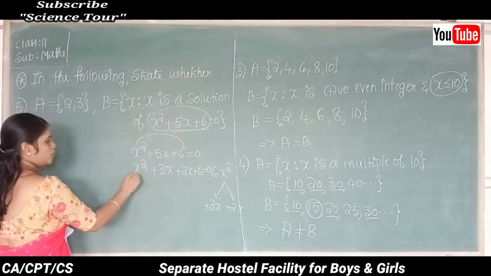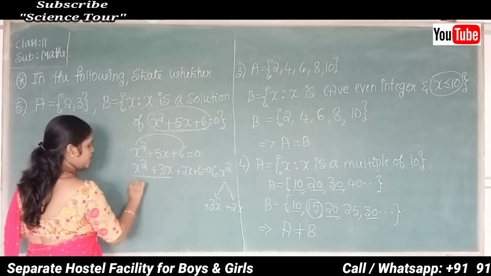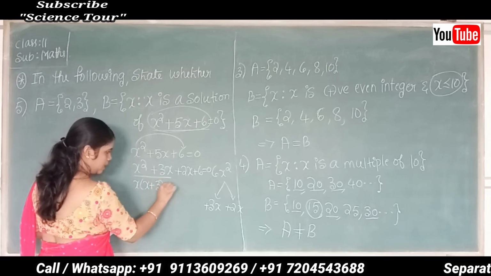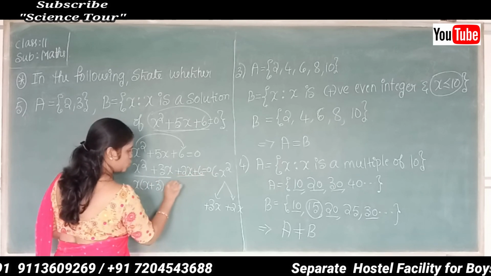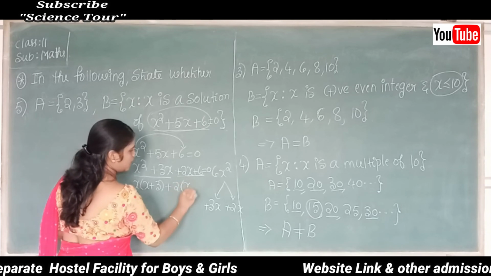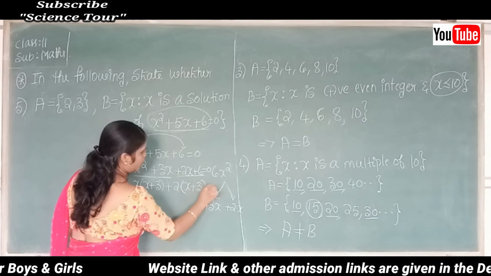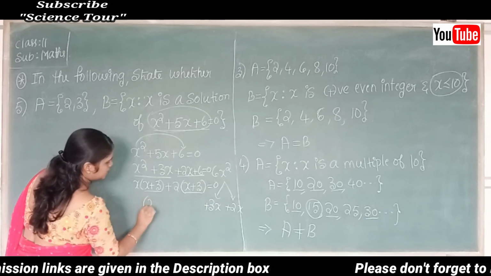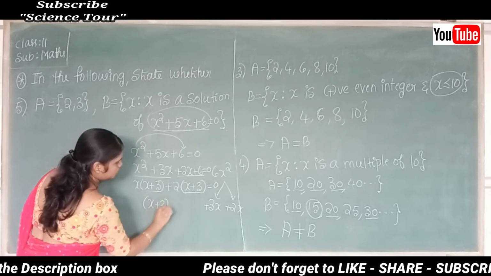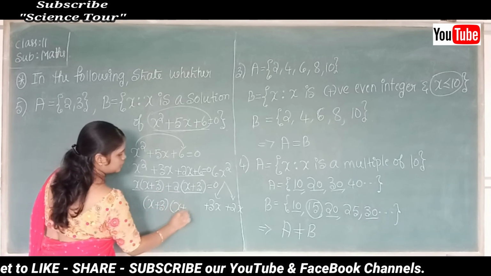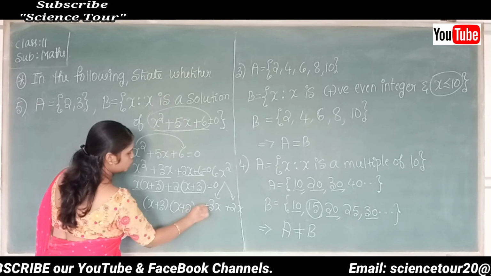Okay. Now among these two terms take a common term x, which one remains? X plus 3. Once again among these two I'll choose 2 as a common term, then which one remains? X plus 3 equal to 0. Once again which one is common? X plus 3 is common. Next which one remains? X plus 2. X plus 2 equal to 0.